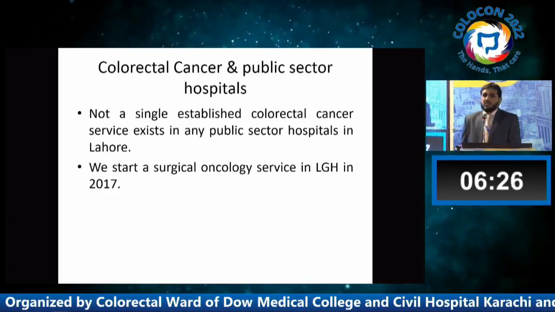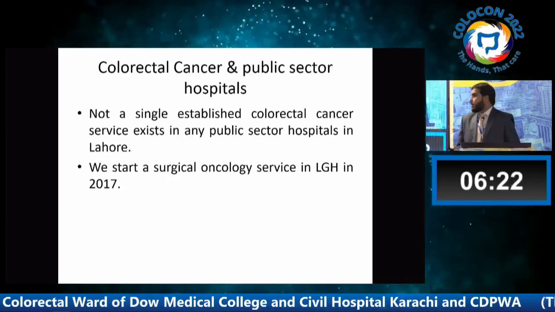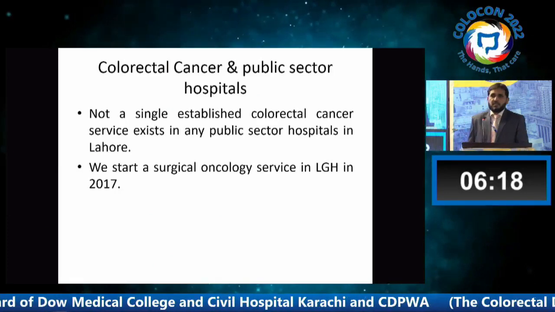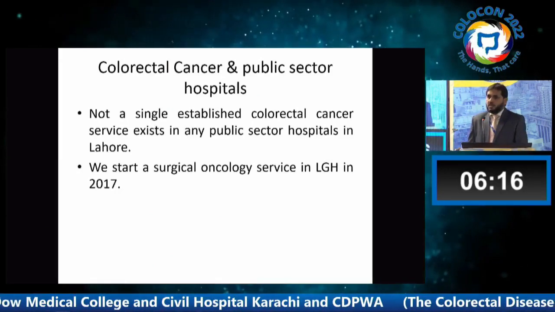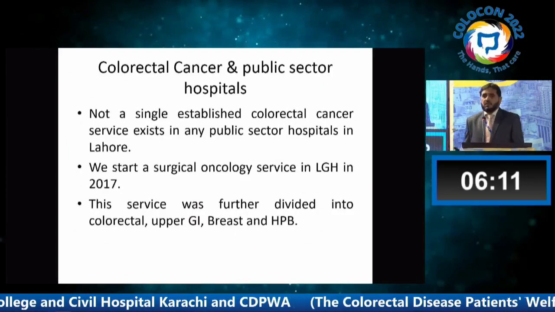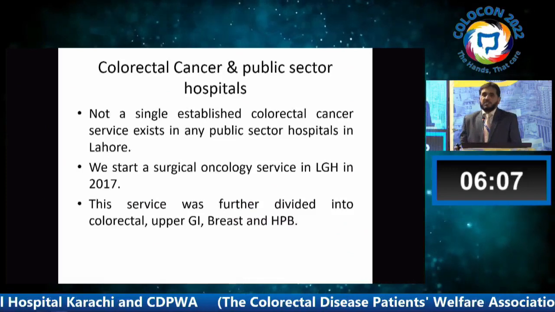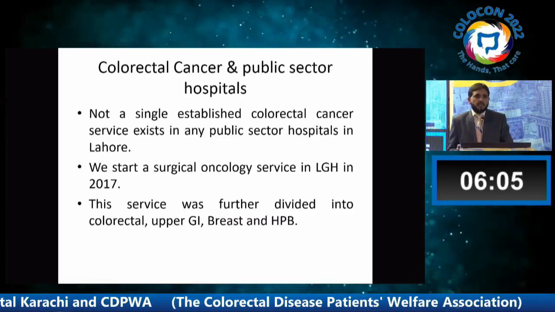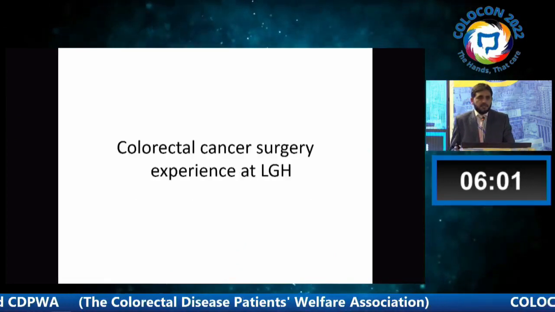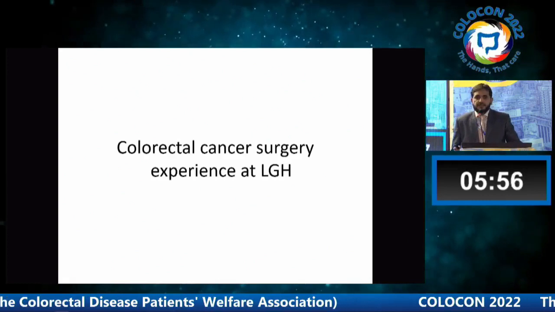We started our journey from 2017 to establish a unit in the Department of Surgery at Lahore General Hospital. The services consist of upper GI, lower GI, hepatobiliary surgeries and breast surgery. I'm here to share the colorectal experience.